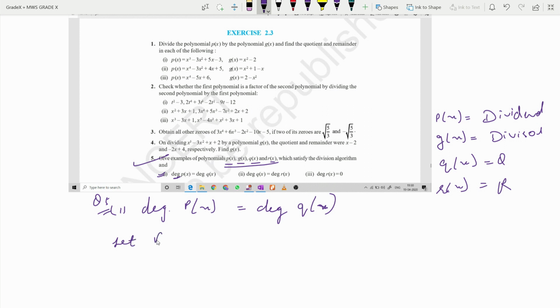Okay, let px be equal to 3x square plus 6. Okay, see, the degree of this should be equal to the degree of the quotient. It means the degree should not get decreased. So I am keeping my divisor very simple, a number only, 3.